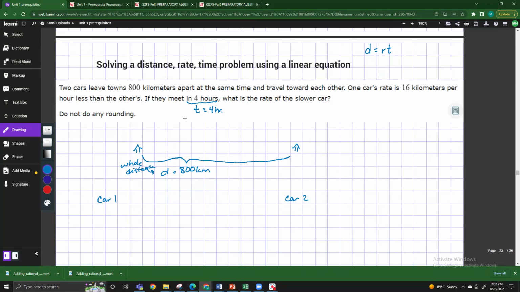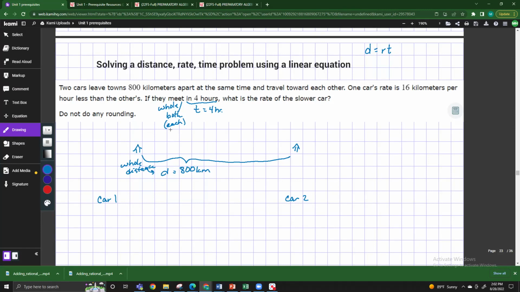Time for both of them is 4 hours. This is whole, slash both, slash each. So the time for each of them. The distance, they're each not going the 800. They're both together covering the 800 kilometers.